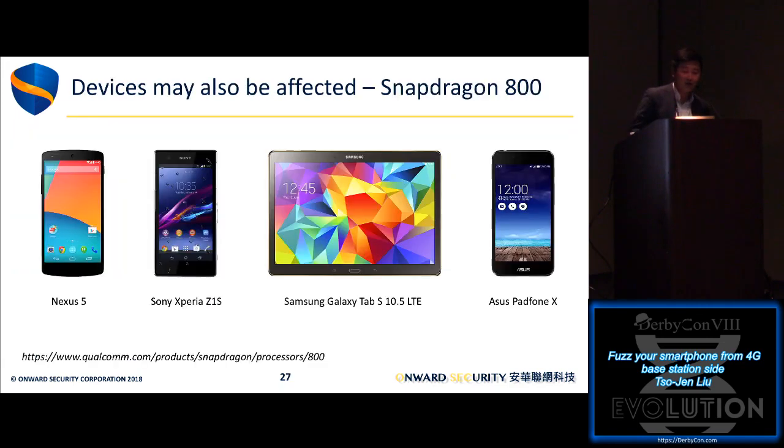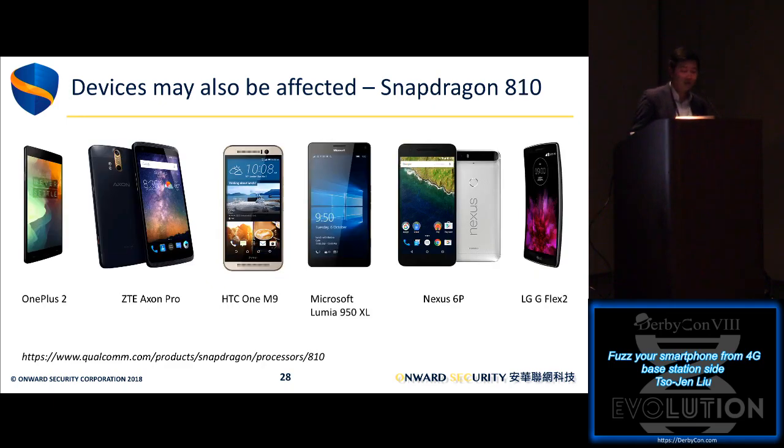This device uses Snapdragon 800, and this device may also be affected by this vulnerability. They all use Snapdragon 810. But we have to say these devices may be vulnerable. We cannot 100% guarantee it because we are just a company. We cannot buy each cell phone to test and verify this vulnerability.